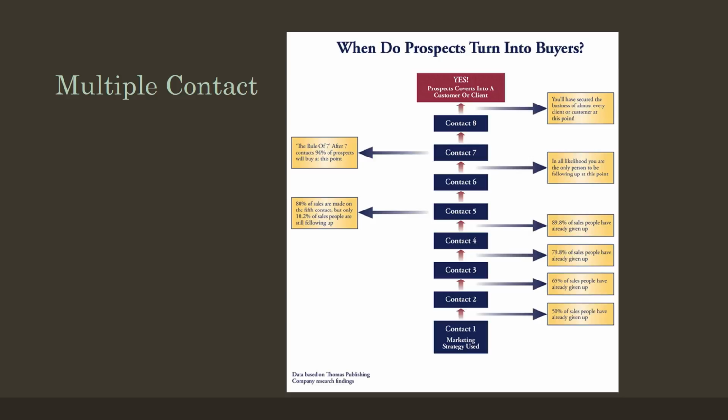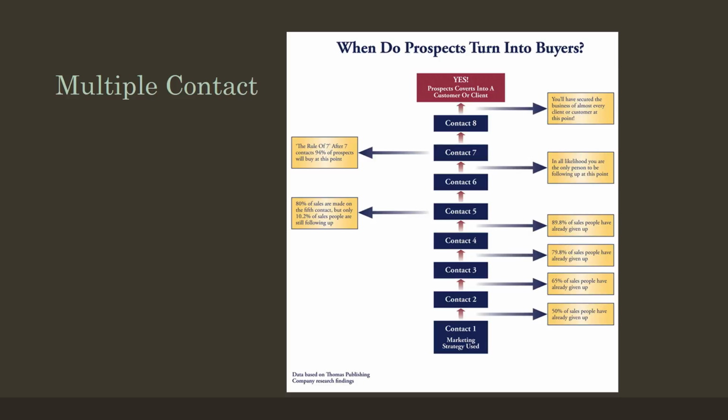So this chart shows what normally happens in a marketing sales cycle. The first time you contact somebody is the marketing strategy you use. We are talking about Facebook. So let's say the first time somebody shows up on your Facebook feed, they click your ad.